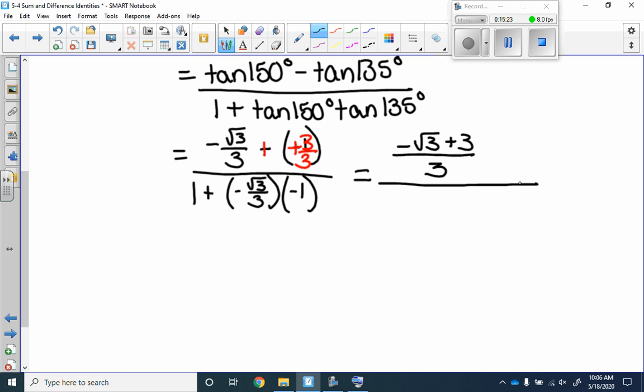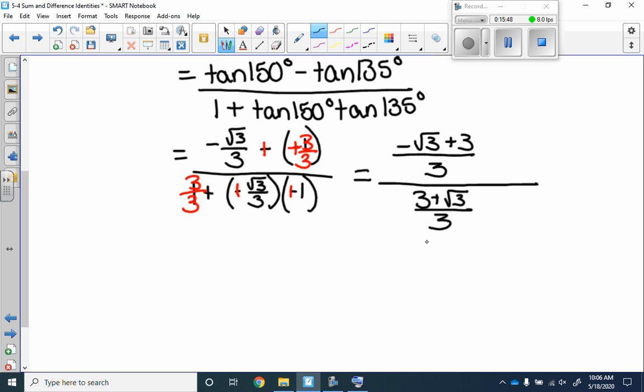In my denominator, when I multiply these two together, that's going to turn those into positives. And then we're going to add 1. So 1 is the same thing as 3 over 3 to get those common denominators once again. And so we're going to get 3 plus the square root of 3, all over 3.